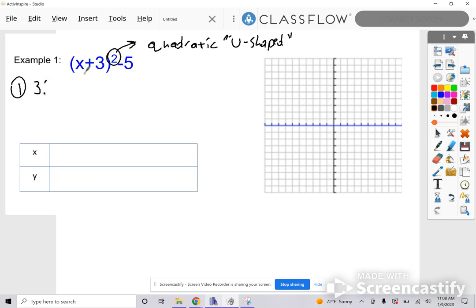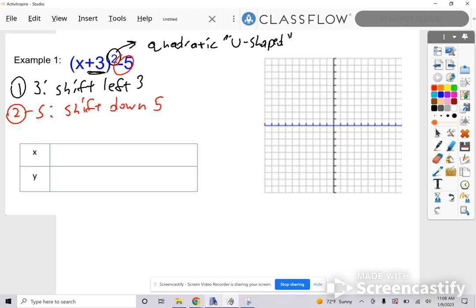The 3 is inside with X, so I know it's a shift left or right, and in this case it's going to be left. Again, I know it's a positive, but because it's inside with X, it does the opposite. The 2 we already identified, that tells us what it is. And then the minus 5, which is a shift down 5.